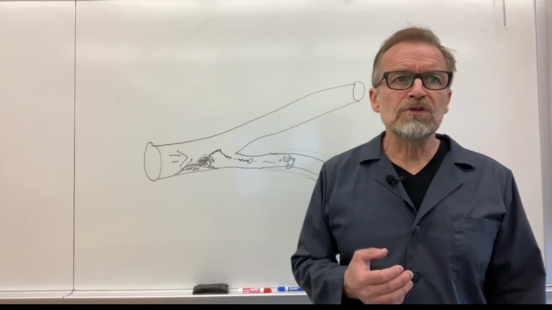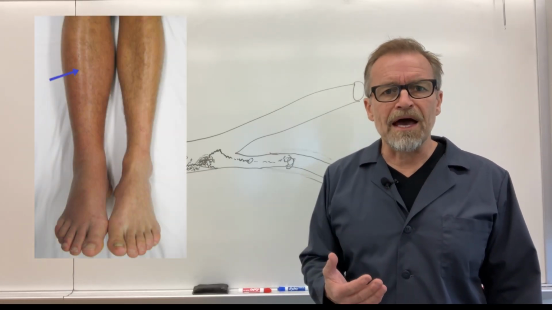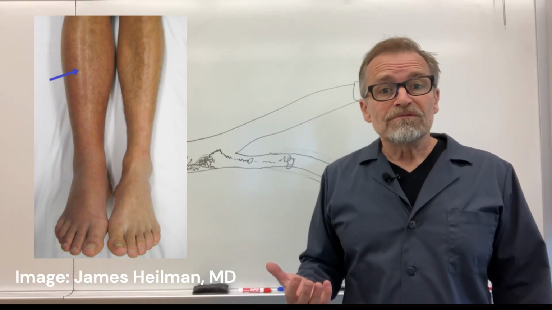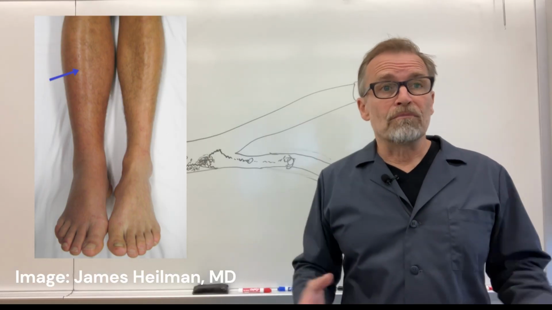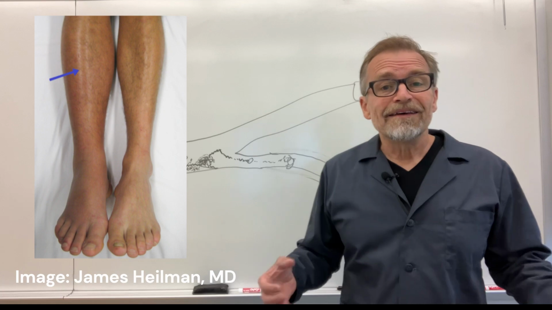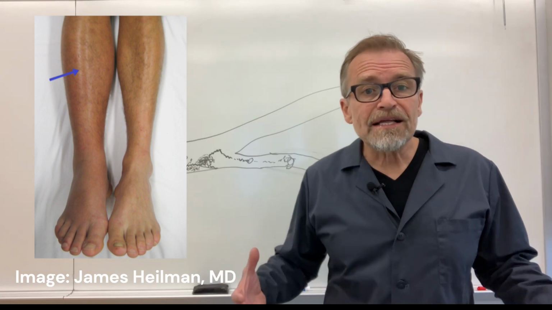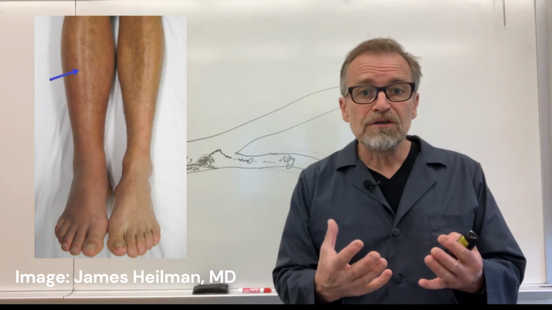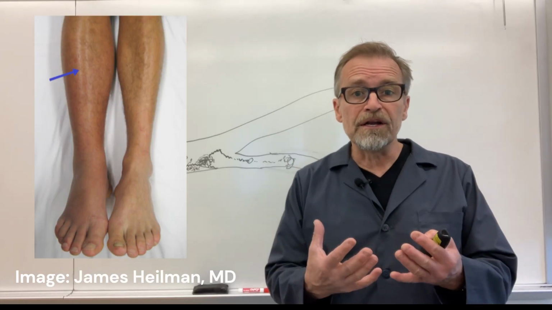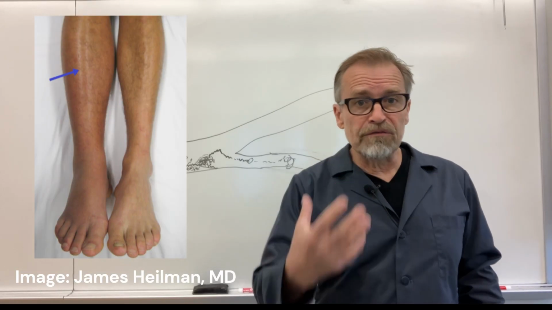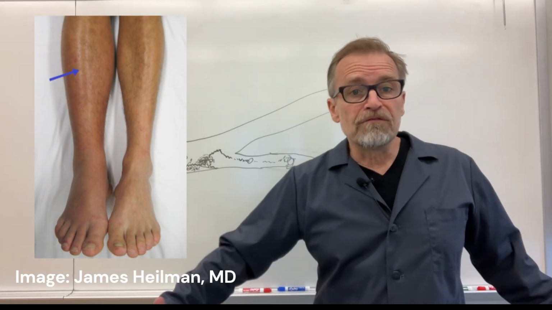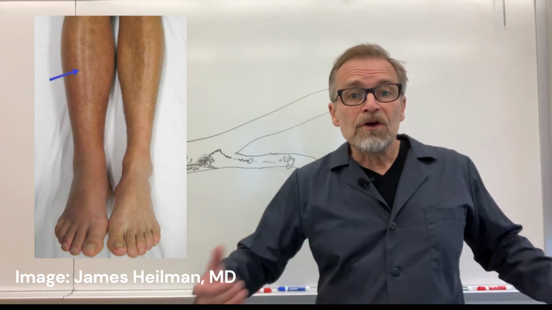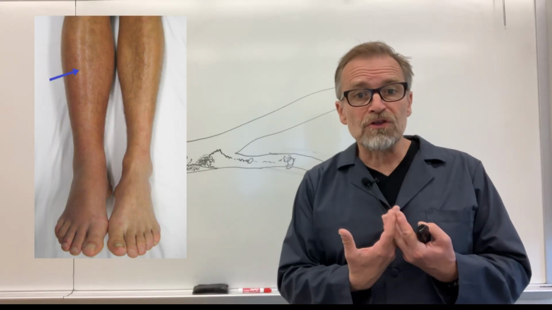If you look at these two legs, you'll notice the one with the arrow pointing at it is much puffier or much larger. What is that? That's fluid. That's basically your blood being backed up because there's a blockage in the return of blood. So the artery is still delivering blood to your leg, but the veins are not adequately returning blood back to the heart.